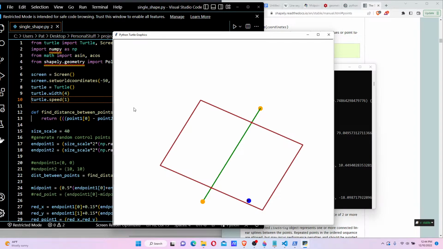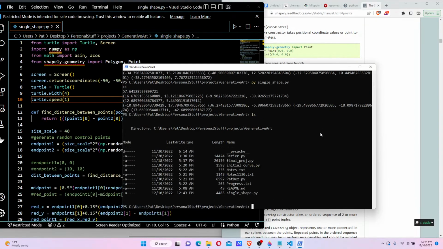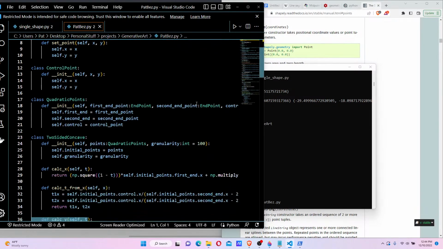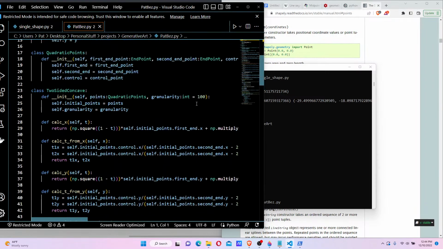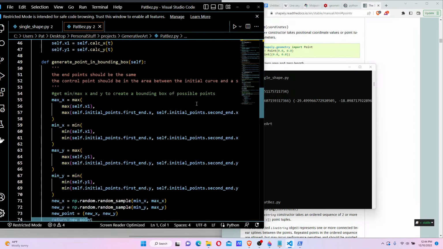Okay. Now, how to make a quadratic Bezier. I'm pretty sure I had some code that did this. Well, I had the code I copied. I think patbez is where I do it. Endpoint, control point, quadratic point, two-sided concave.